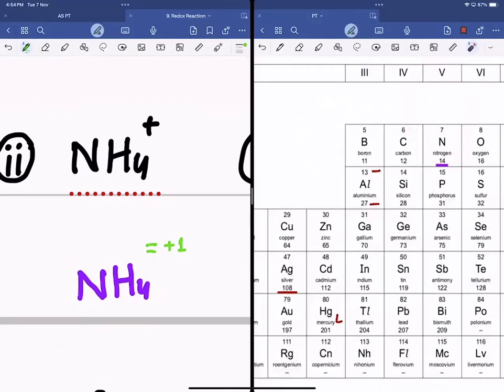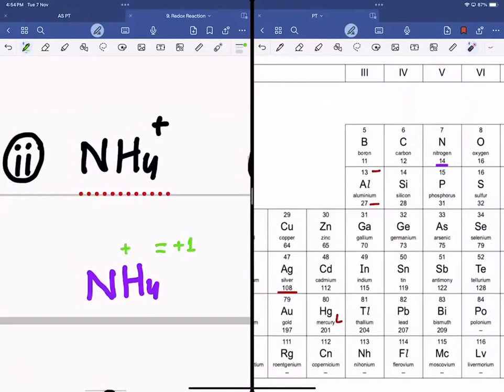Then we have to put the charge of hydrogen. And nitrogen is a metal or a non-metal? So the oxidation number of hydrogen is going to be +1 or -1. +1, because with a non-metal hydrogen is +1, with a metal hydrogen is -1. So +1, how many? 4 makes it +4.